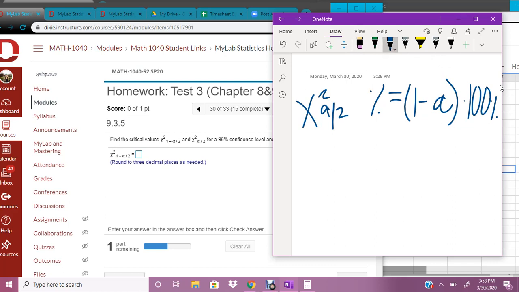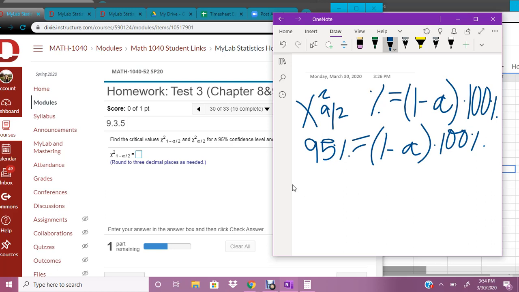And so once again, we do 95 equals 1 minus alpha times 100, just like what it tells us right there.